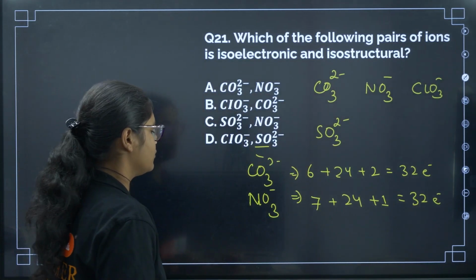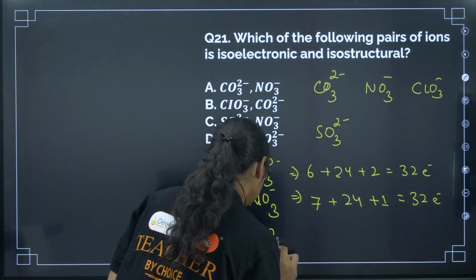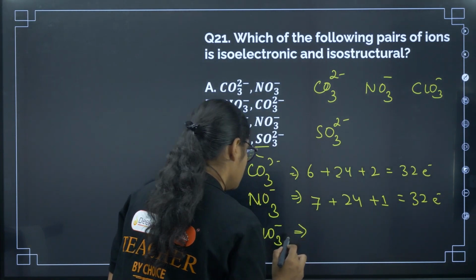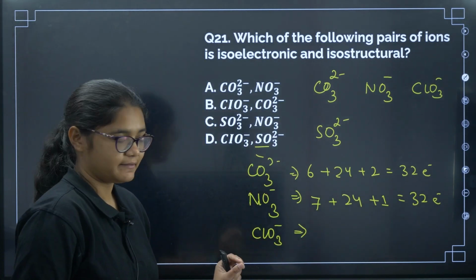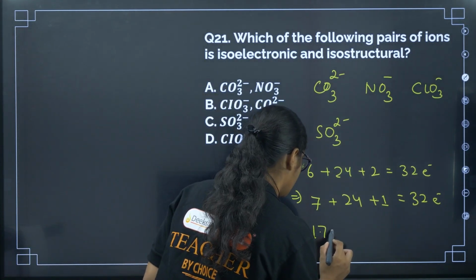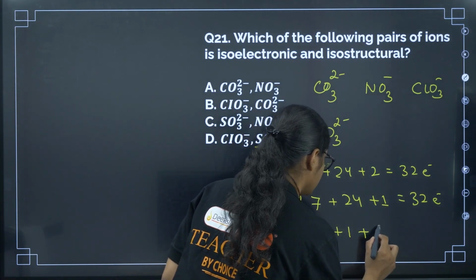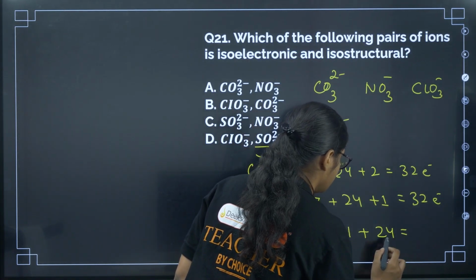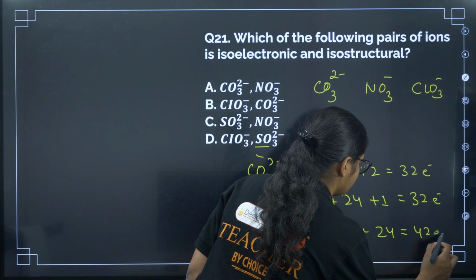Now we have ClO3 minus. Here chlorine is 17 electrons, then plus 1 is 18, plus 24, so we'll have 42 electrons here.